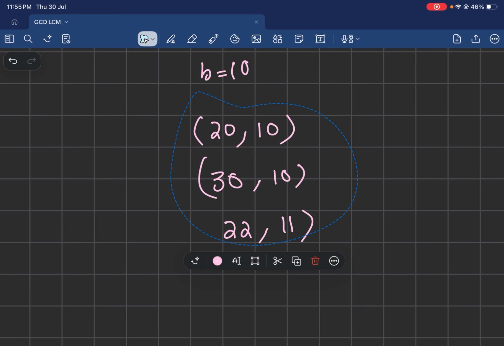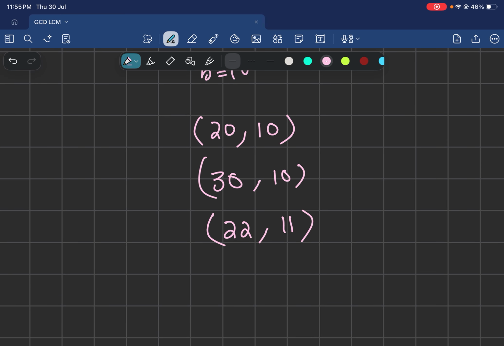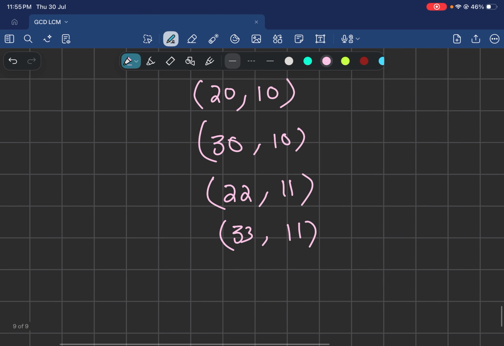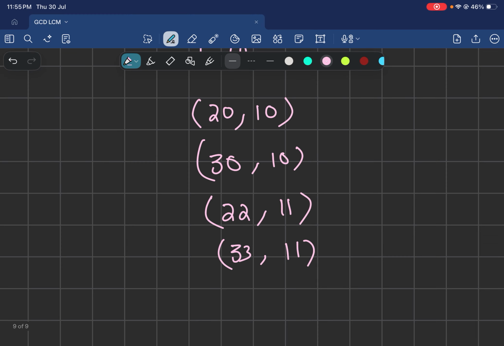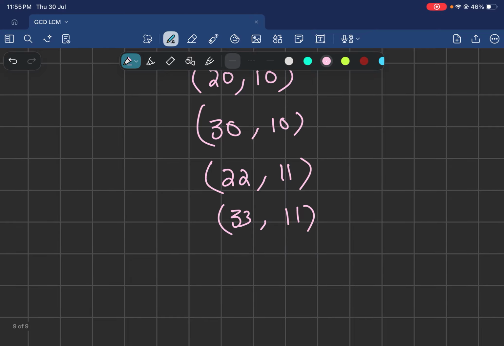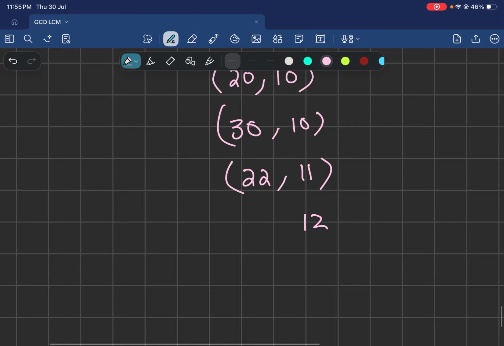Okay, so 10, 20, 10, 30, 11 and 22, and then 11 and 33, no, 33 is not included. And then you go with 12 is 24, and then you go with 13, the multiple would be 26.